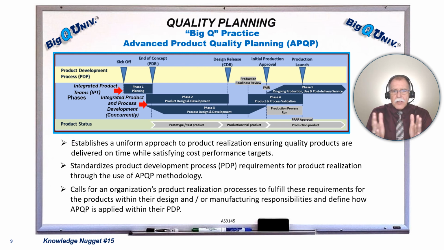And it calls for an organization's product realization processes to fulfill these requirements for the products within their design and/or manufacturing responsibilities and define how APQP is applied within their PDP.